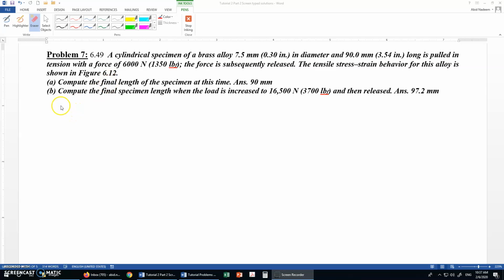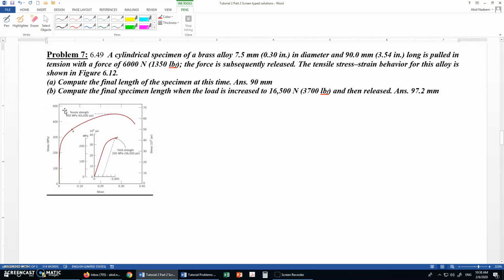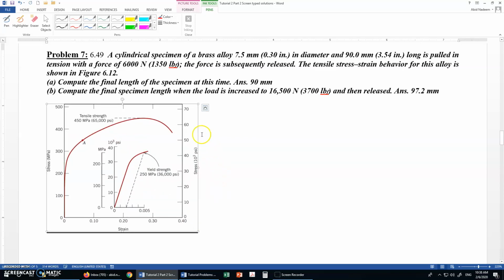So let's look at what is figure 6.12. Okay, let me show the figure here. Maybe I'll make it a little bit bigger. In this figure there are two curves. This one is the full curve and this curve only shows the elastic region.